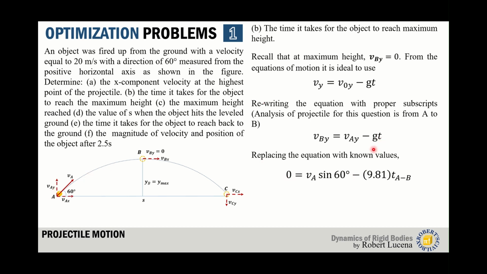And don't forget to incorporate the value of 9.81 in your equation. I've used the negative gt, but if you use plus gt, it's okay. It will still yield the same answer. You just have to be cautious when you substitute the value of gravity.